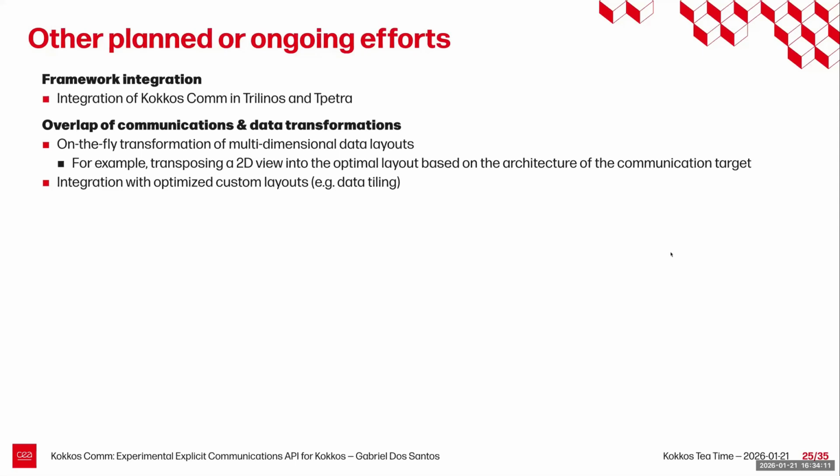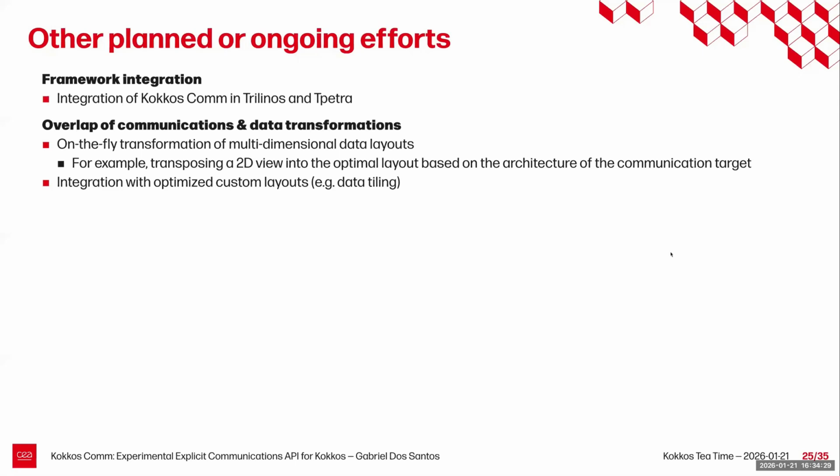For example, you could imagine having a 2D Kokkos view on the CPU, wanting to send it to a distant GPU. On the CPU, your view is probably stored in LayoutRight, which is optimal for the CPU.